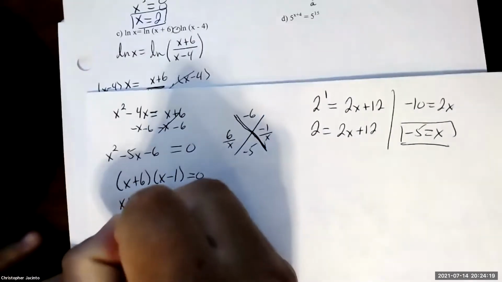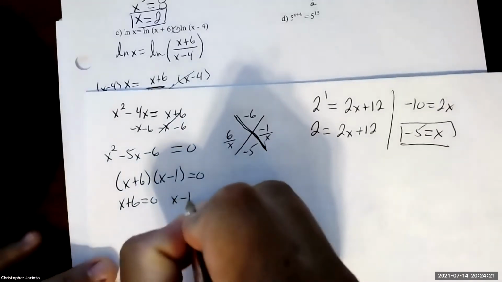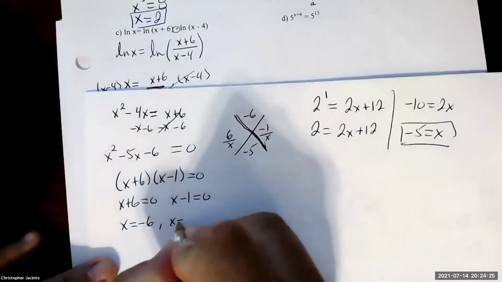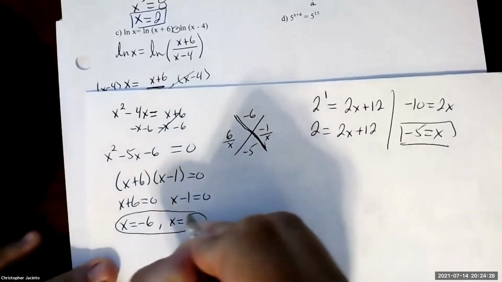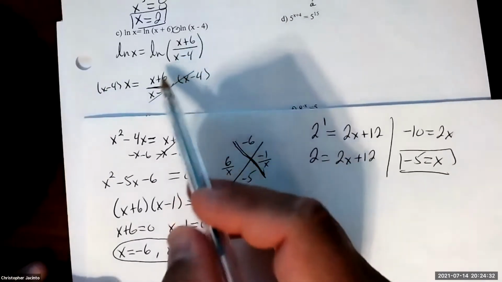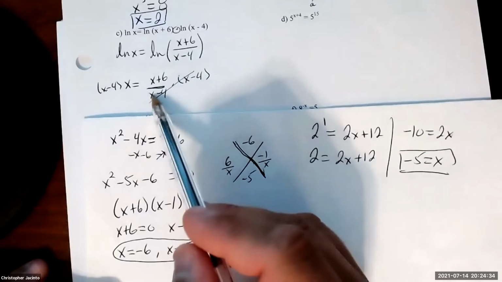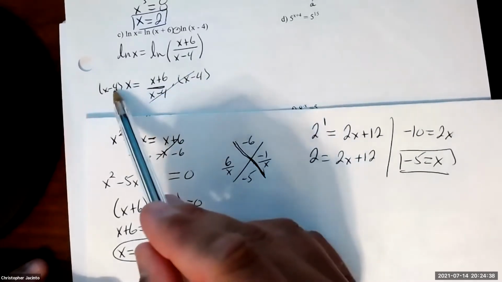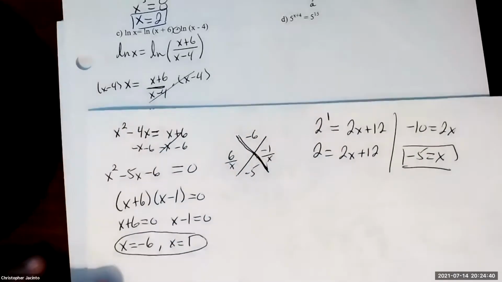So set them both equal to 0. So this time we get 2 answers. And there we go. So whenever you have a situation like this, don't stress. Just follow your order of operations. You want to get rid of the bottom stuff, and you'll notice it slowly, nicely breaks it down for you.